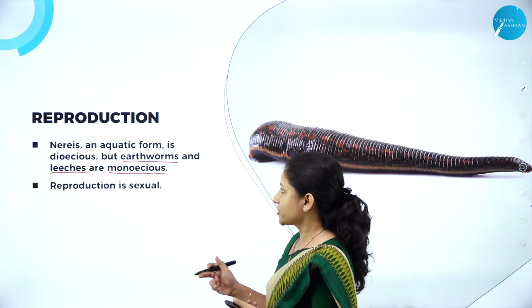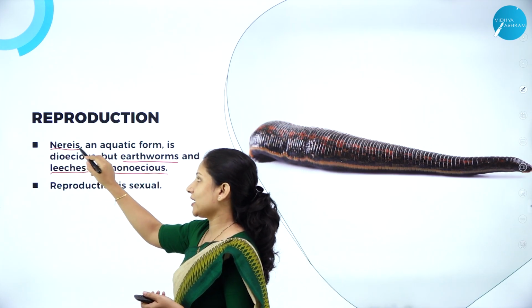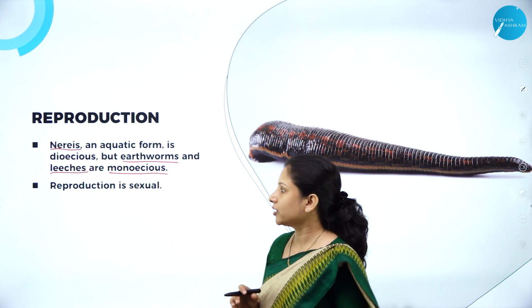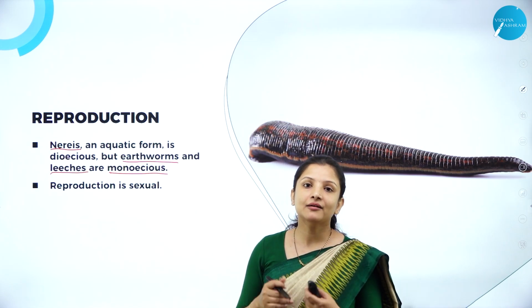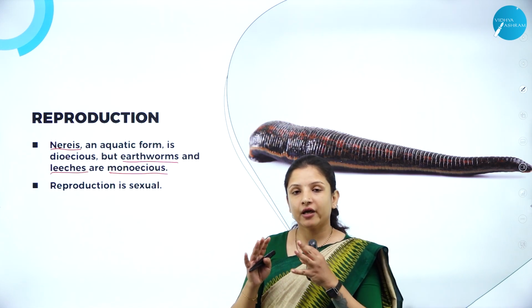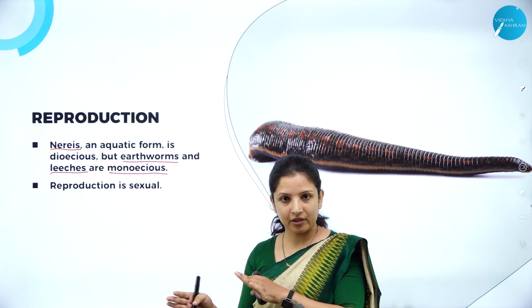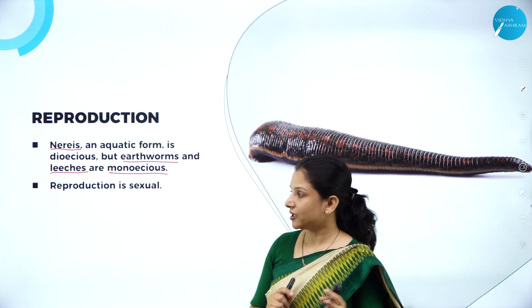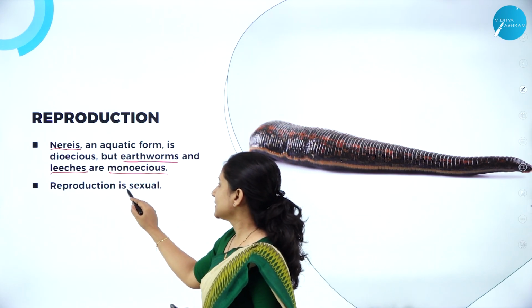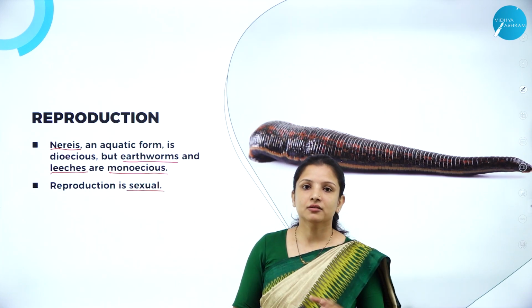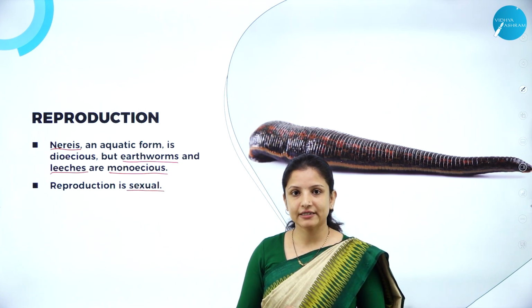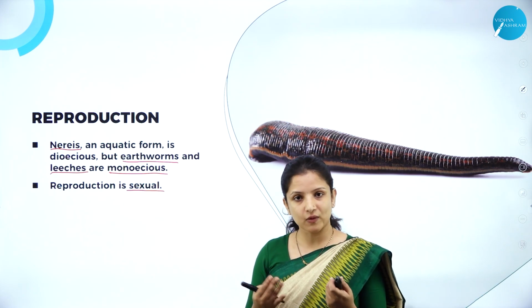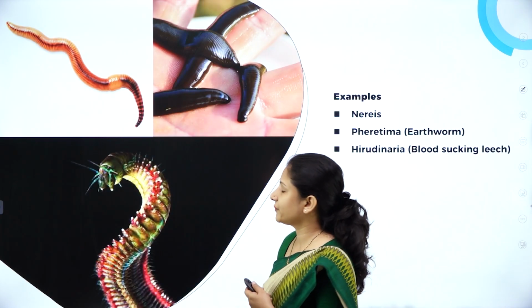Whereas nereis, which is an aquatic annelid that lives in water, is dioecious, meaning male nereis is separate and female nereis is separate. And reproduction is sexual, meaning the sperm and the egg meet for fertilization and then the young ones develop.